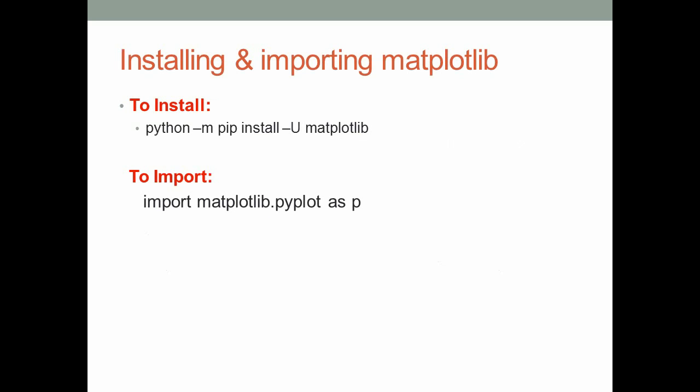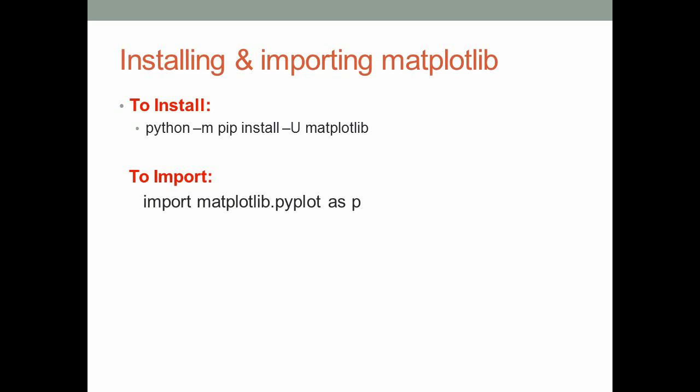So let us see how to install the matplotlib library. First, for installing the matplotlib library on your computer, you have to type the following command in your command window: python space -m space pip space install space -U space matplotlib. After typing this, the matplotlib library will be installed on your computer.